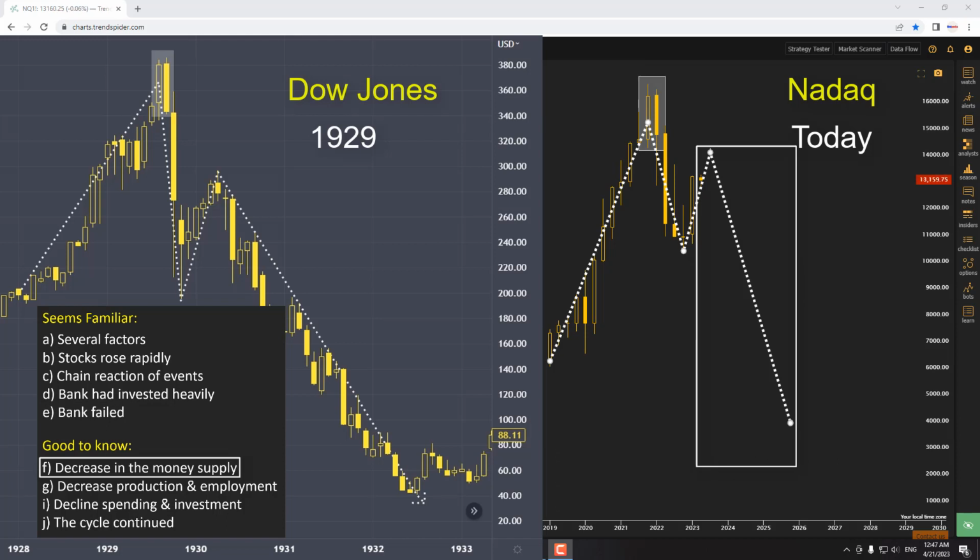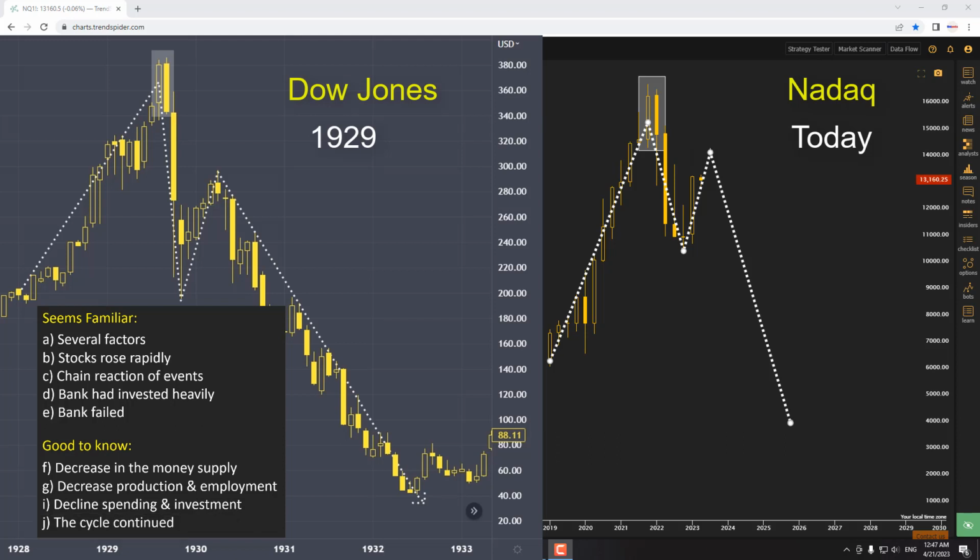The decline in spending and investment led to a decrease in production and employment, which caused a further decline in spending and investment. And the cycle continued. In summary, the key trigger for the Great Depression was the stock market crash of 1929, which led to a chain reaction of events that caused the collapse of the banking system and a severe decrease in spending and investment.